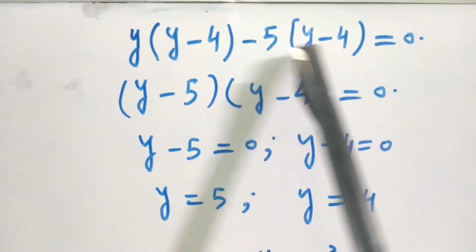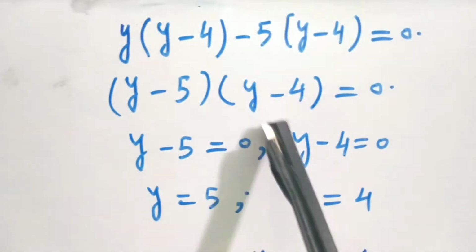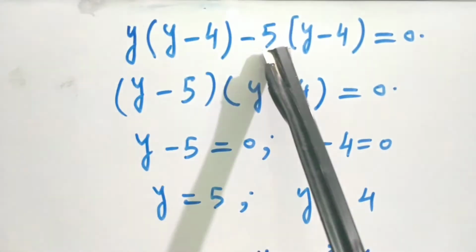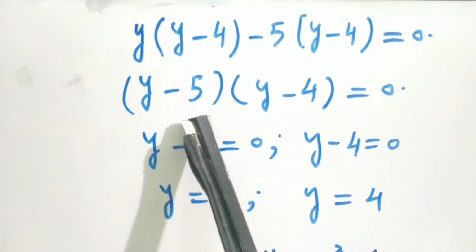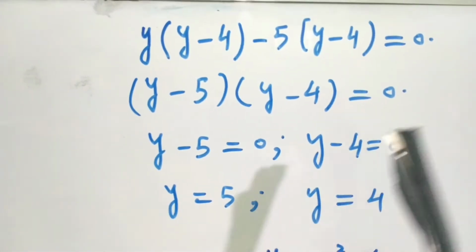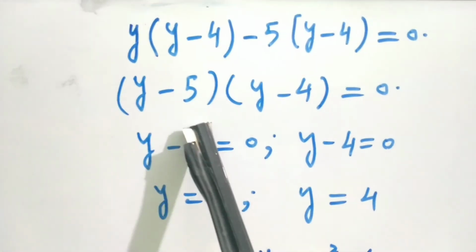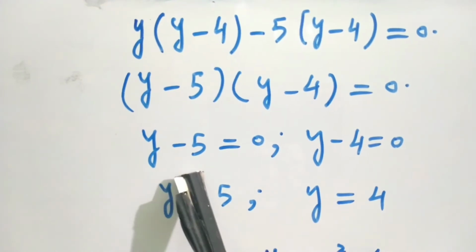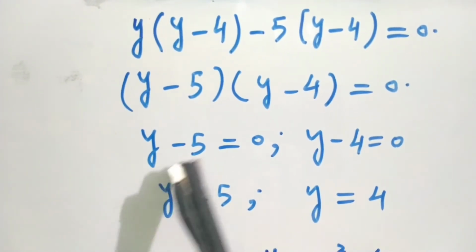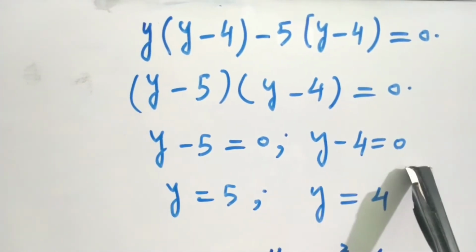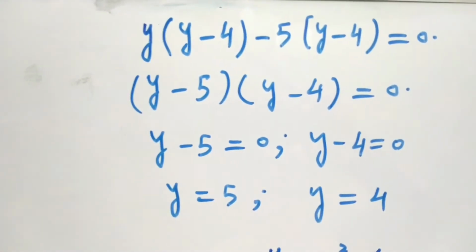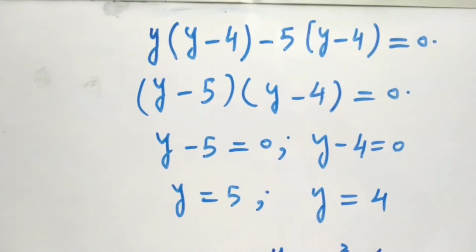These are the two common brackets, so taking it one time, (y - 4)(y - 5) = 0. So both are equal to 0, and we will take it step by step. y - 5 = 0, y - 4 = 0, so y = 5 and y = 4. There are two values, but y is equal to x² + 4x.